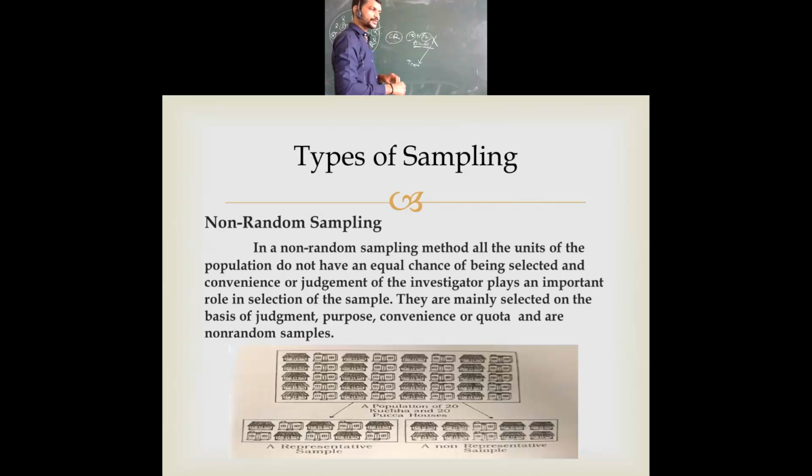Now in non-random sampling, like in this picture, I can't say that I may select anyone. Where I have a link or friends or contact, those people only I am going to select, like this.